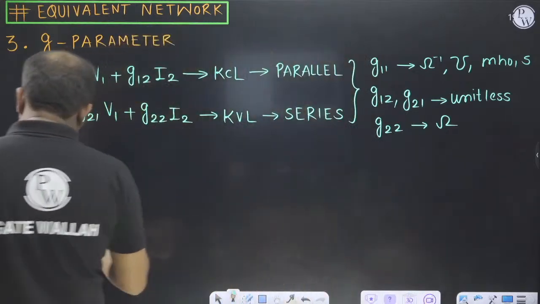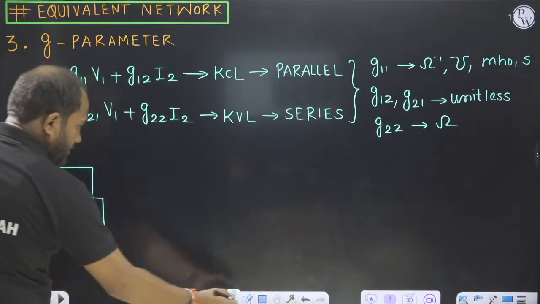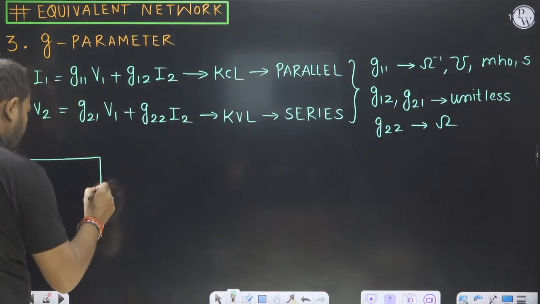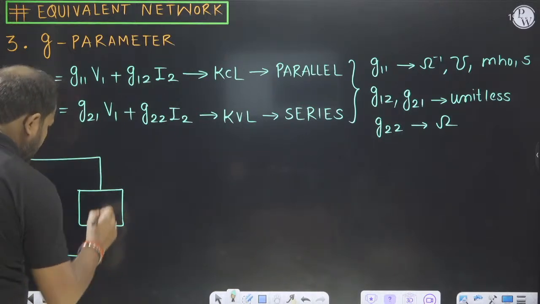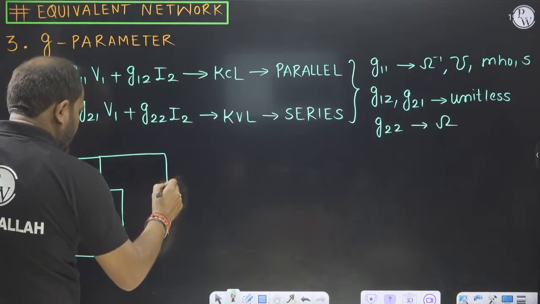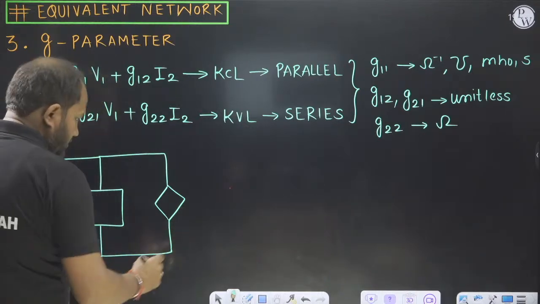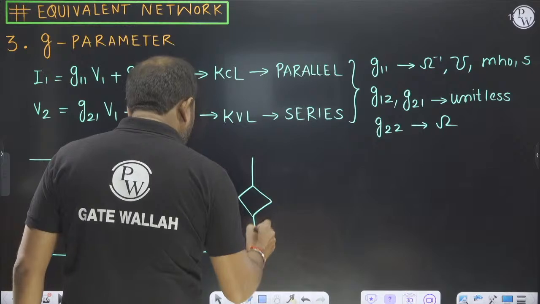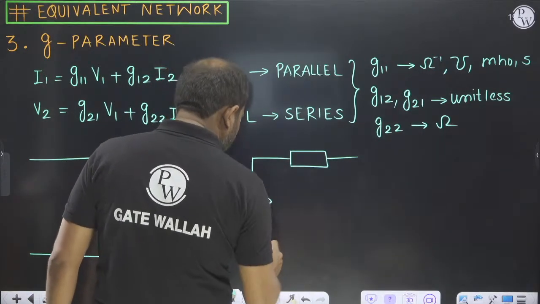First one is parallel, so it is admittance and dependent current source. Second one is series, so voltage source and impedance.